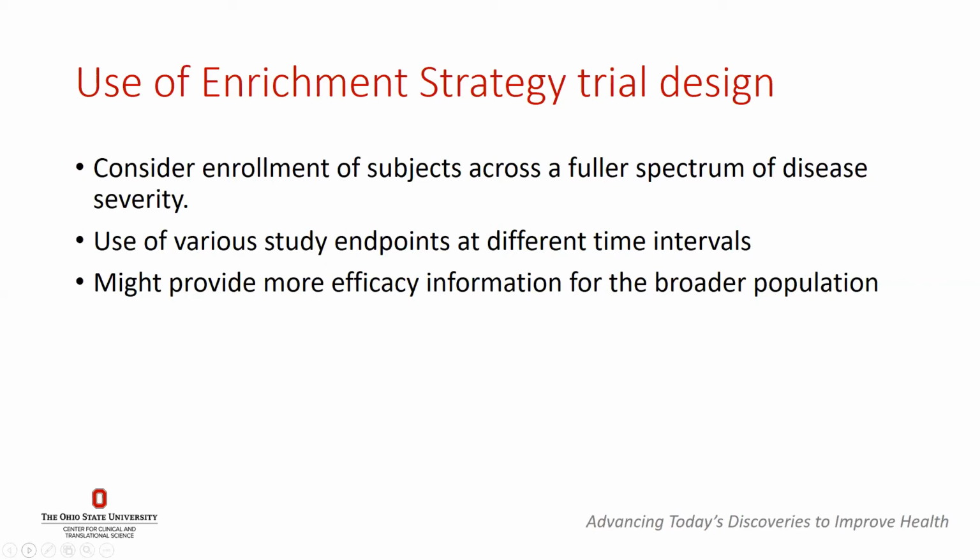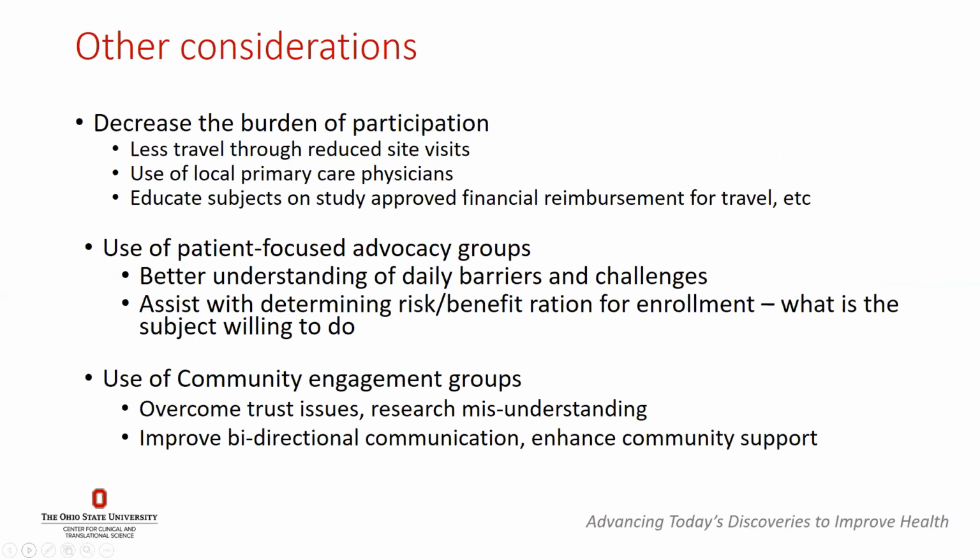So, again, in looking at your study designs, are there ways that you can enhance the study population to be more reflective of the actual patient population for that disease? Other considerations that you can use for increasing the diversity of your clinical trial population is to decrease the burden of participation.